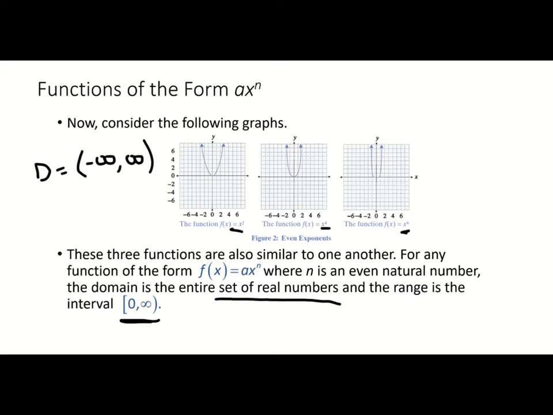Because if you notice, there's nothing down here, and there's nothing down here. And again, these are just equations where you have a number times x to the second or the fourth power or the fifth power. That's what your range is going to be.